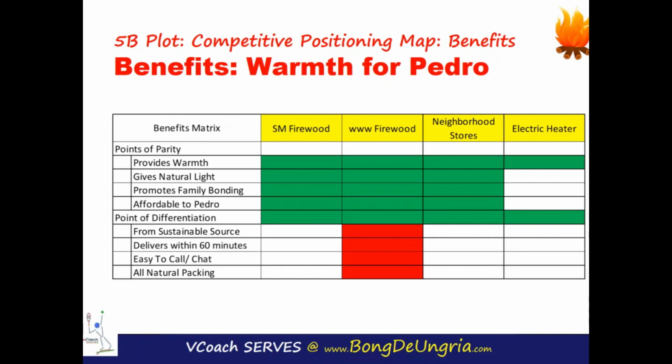For firewood, plotting this shows that there are points of parity that are shared by the four key competitors: SM Firewood, Firewood WWW, those which neighborhood stores supply, and the electric heater. The first batch of benefits are commonly shared by most of these choices. They all provide warmth. Three of the four give natural light and promote family bonding.